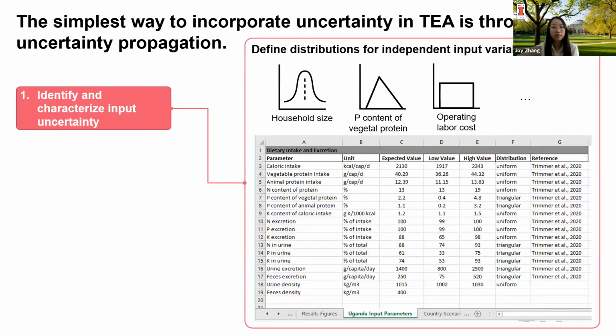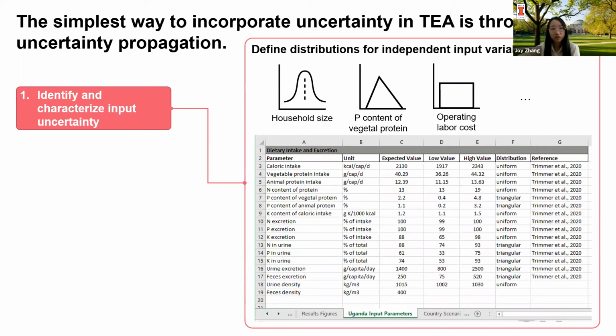And the simplest way to incorporate uncertainty analysis in TEA is what we call uncertainty propagation, or it's also sometimes referred to as the Monte Carlo method. And to do that, there are 4 steps. First, we need to identify a list of parameters or variables that are considered uncertain.